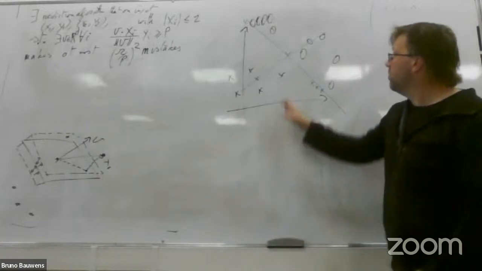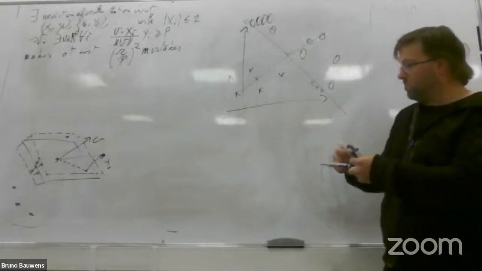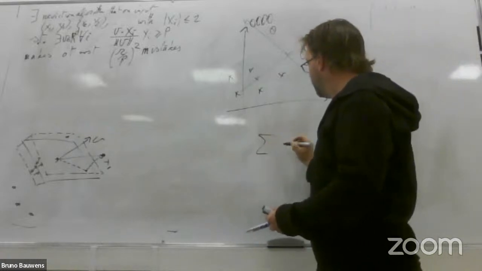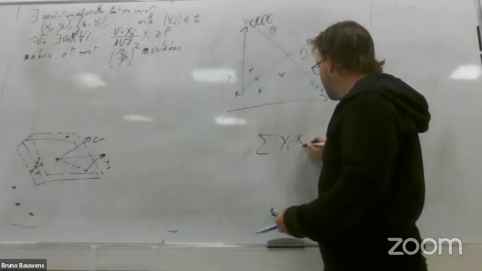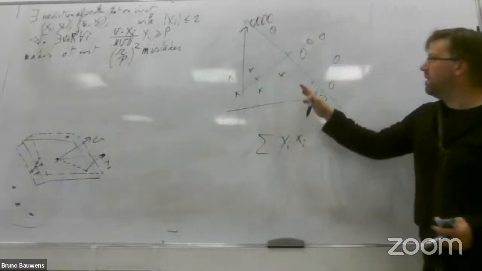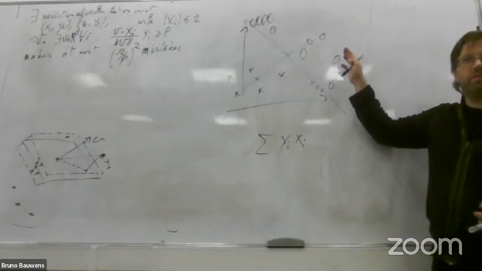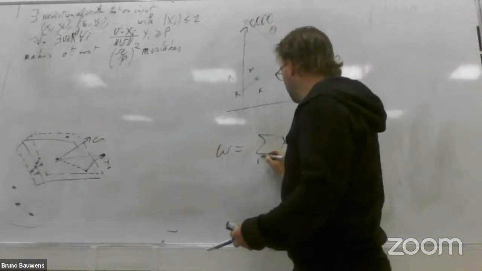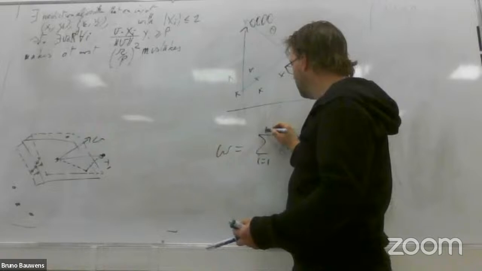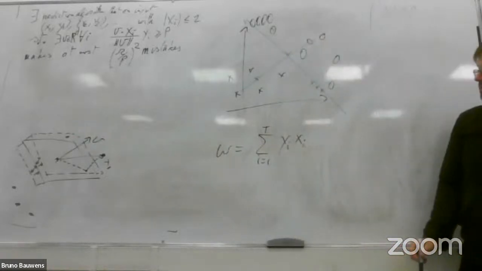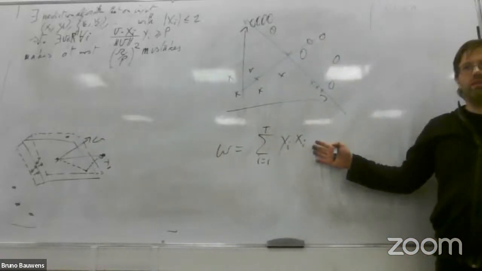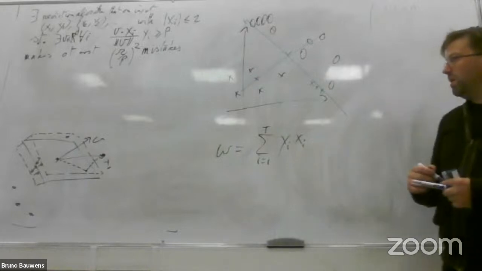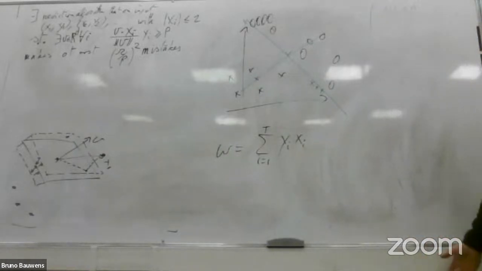So let me write the solution. We could say w is just equal to the sum of yi xi. Let's say the data set is balanced. Then we would set w equal to the sum over i equal 1 to t, since there are t points. But his idea is a little bit more clever.